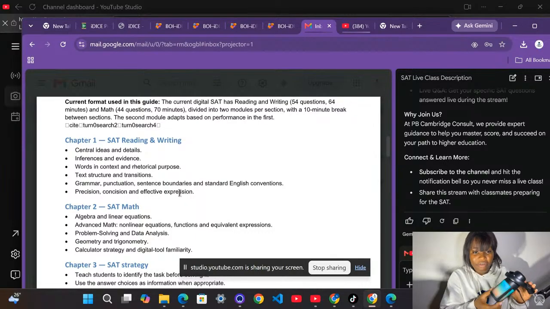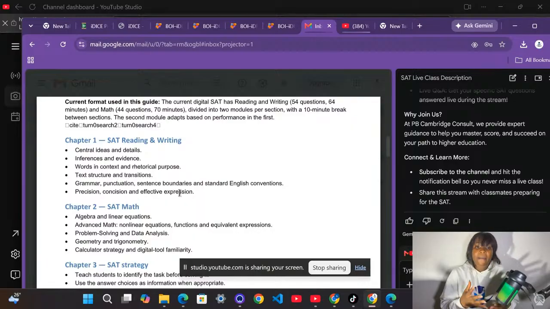You are being provided with these tables, and most times questions are being asked on the tables that are provided for you in the passage. You're asked to extract information from those tables.